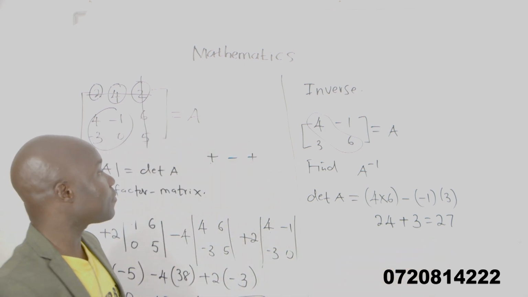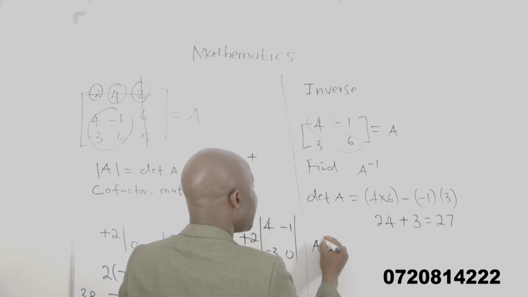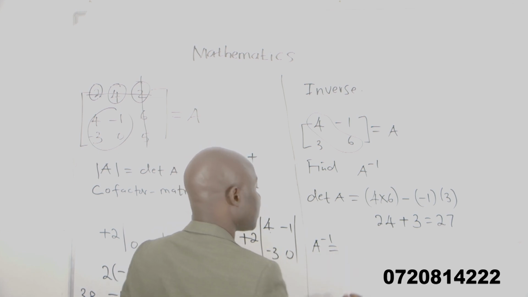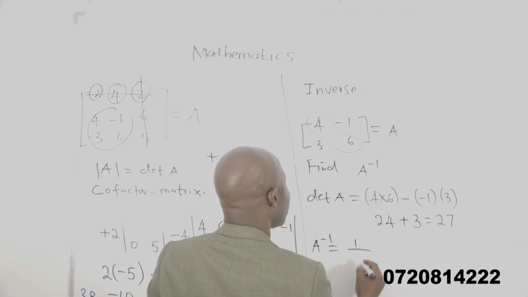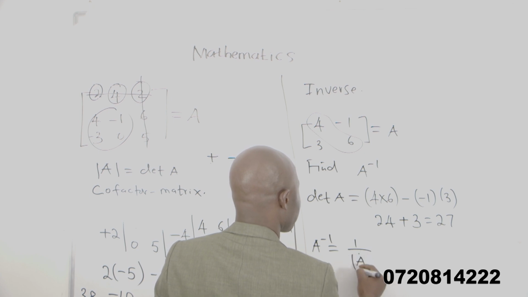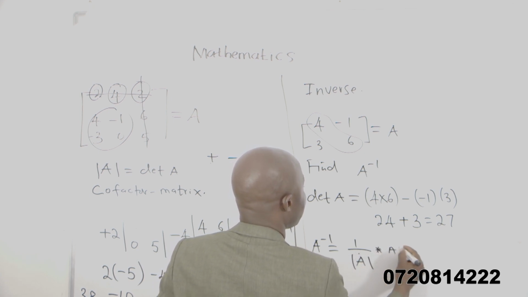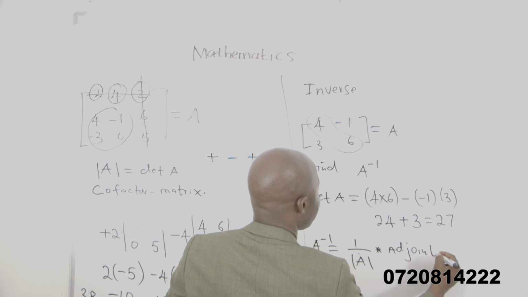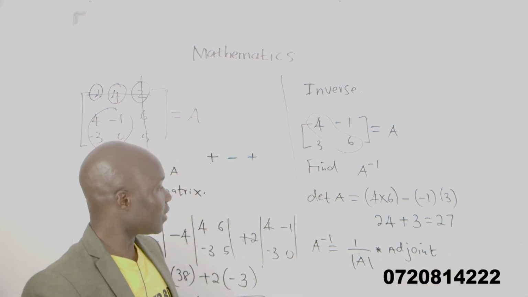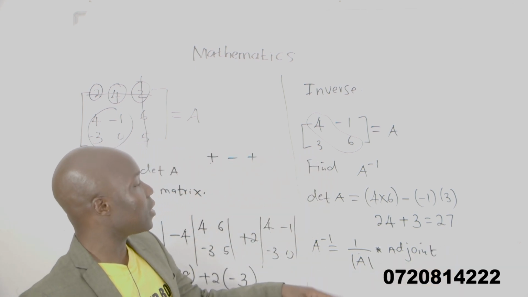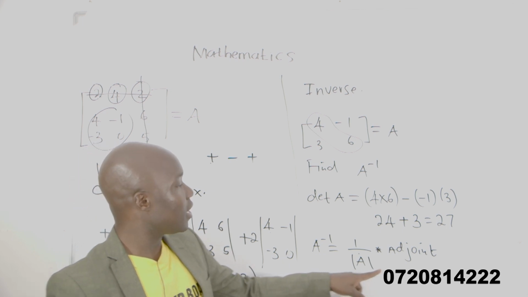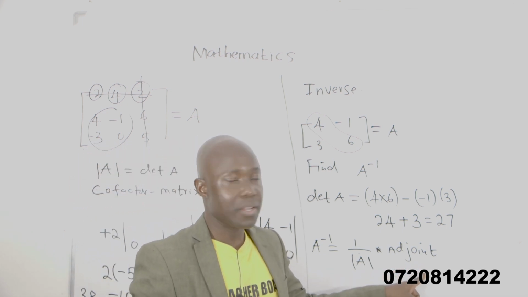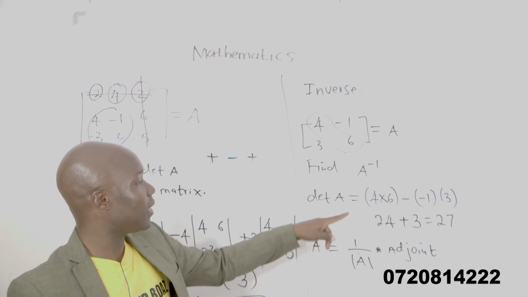So we get 27. That's the determinant. Then to get the A inverse, it is always 1 over the determinant of that matrix times what is called the adjoint matrix. For you to find the inverse, you take 1 over the given determinant and multiply by the adjoint. So what is the determinant that we worked out?